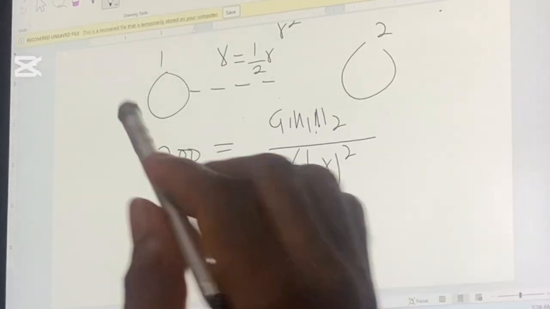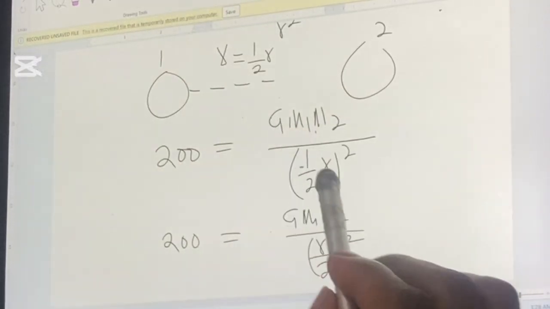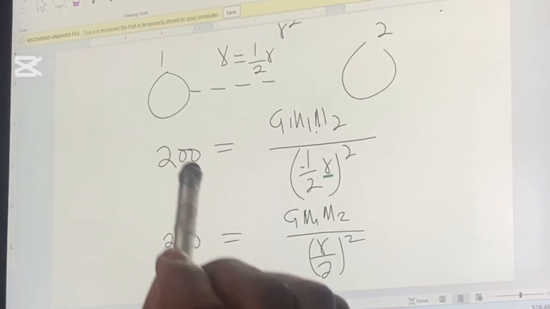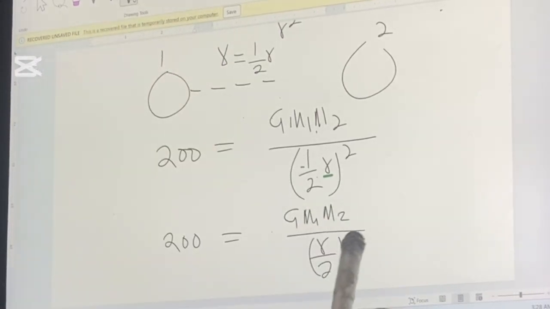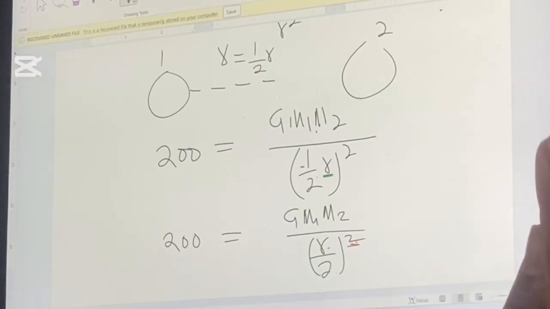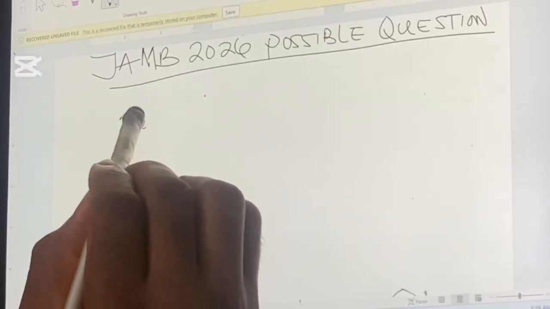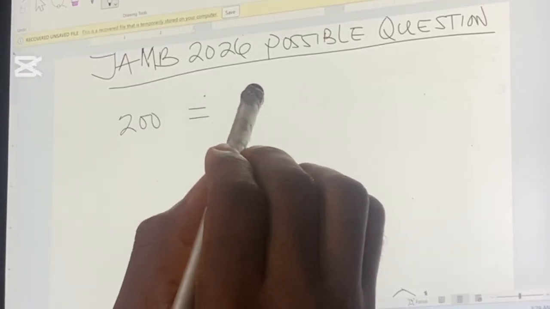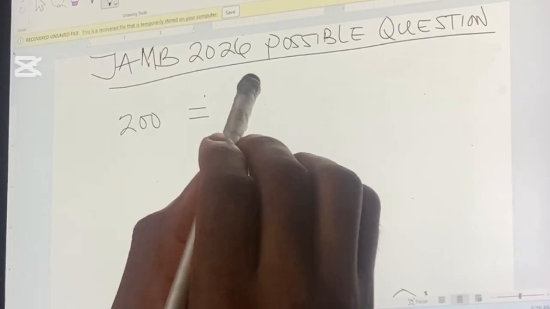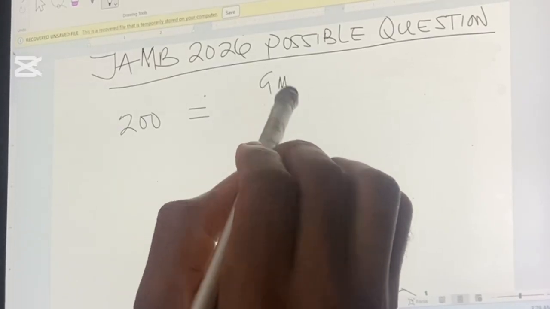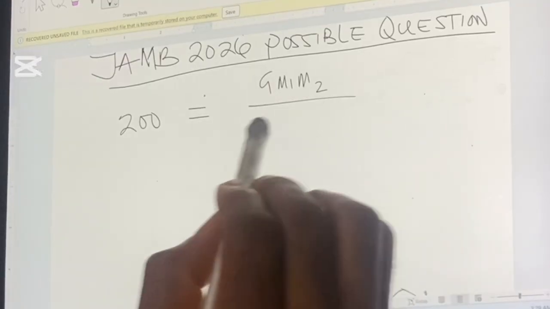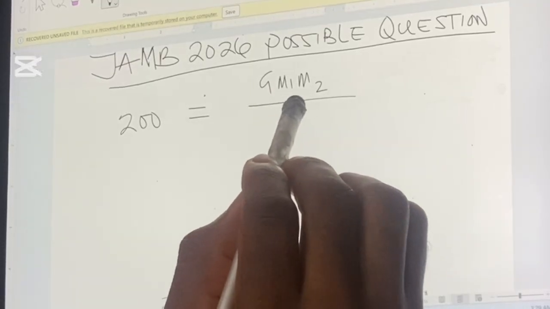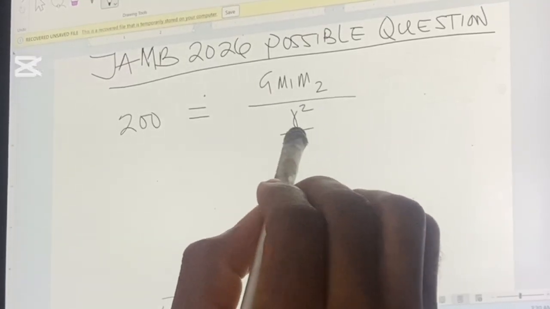Class, whenever you have something like r over 2 all squared, it means that this square is affecting both the numerator and the denominator. So if that is so, I will have 200 is equal to G m1 m2 over r squared over 4.